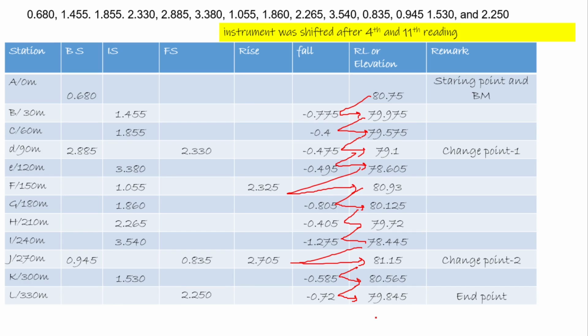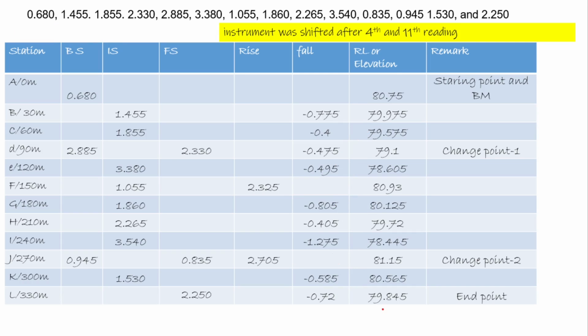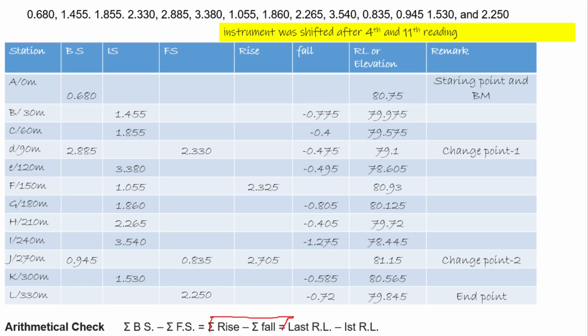Again, there is one formula for the arithmetic check, so we are applying the arithmetic check for it. The arithmetic check is: summation of backsight minus summation of foresight is equal to summation of rise minus summation of fall, which is equal to last RL minus first RL. So in this arithmetic check method, there is one more check: summation of rise and summation of fall.